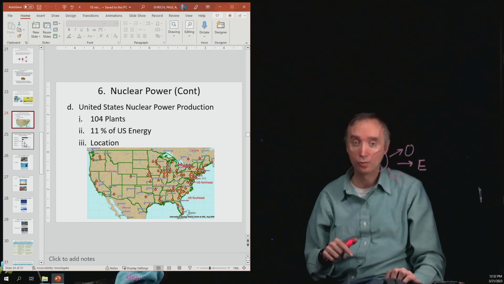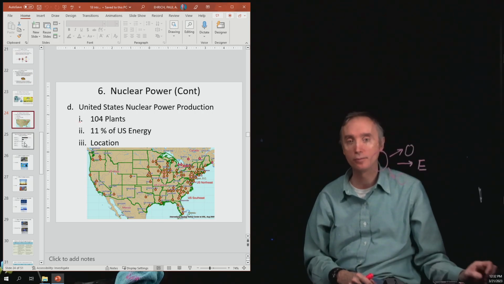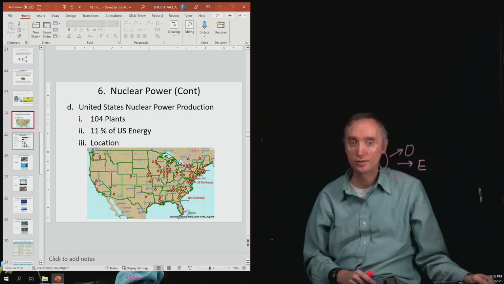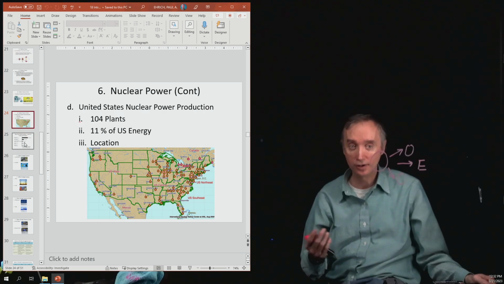The ones on the western coast of California are very close to the San Andreas Fault, where they have earthquakes, and that could be very dangerous if the power plant was damaged that way. You'll also notice that some of these power plants are located next to the Gulf of Mexico, where you get hurricanes. Again, hurricanes could damage the nuclear power plant.